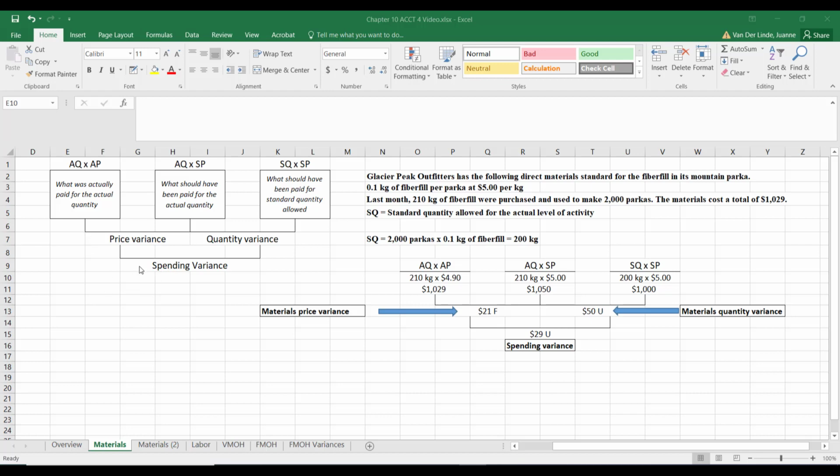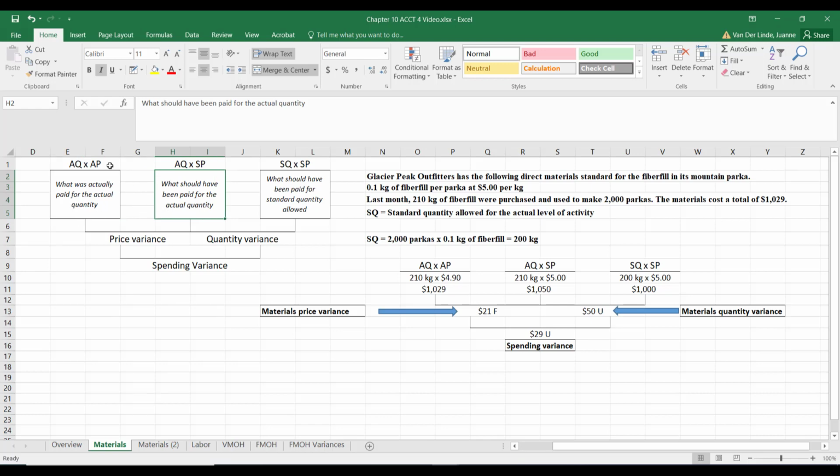Remember, we talked about breaking down those spending variances between their price variance and their quantity variance. The price variance is where we compare what was actually paid for the actual quantity to what should have been paid for the actual quantity.